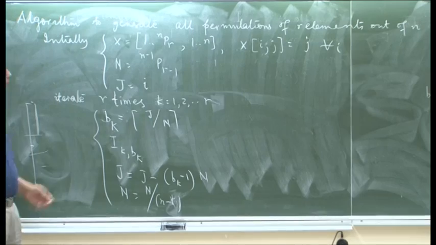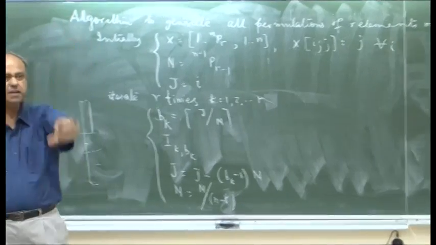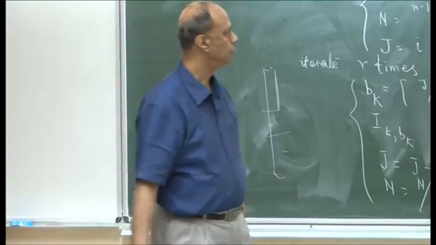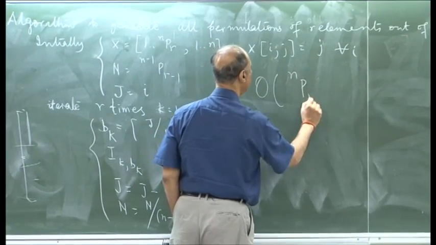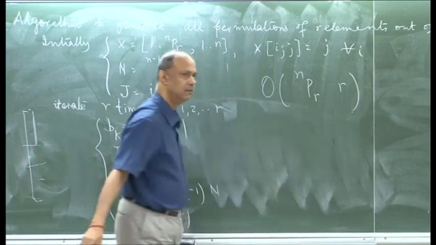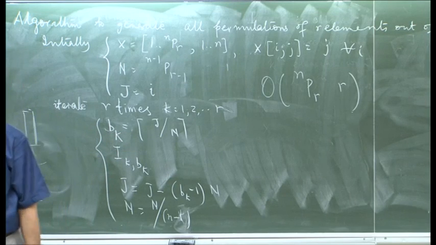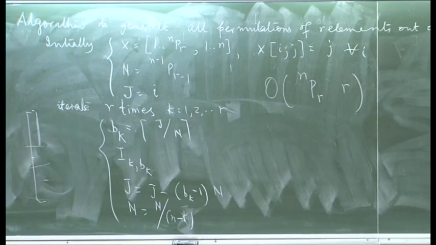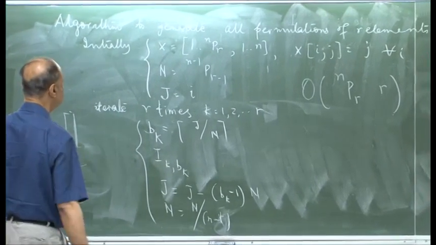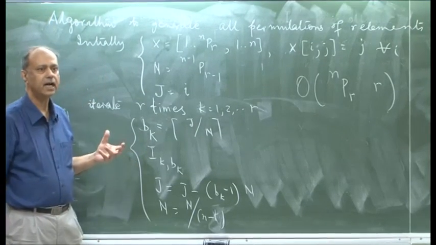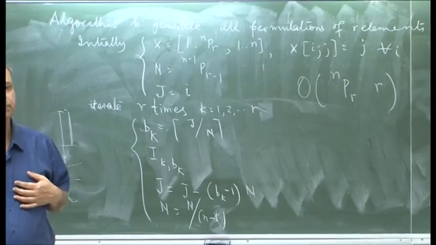So to get one permutation, you need to iterate r times. And you have NPR rows. So if I use a sequential algorithm, you need NPR into r, the complexity is order NPR into r. Now you observe that to generate the ith permutation, I do not need the help of the jth row.